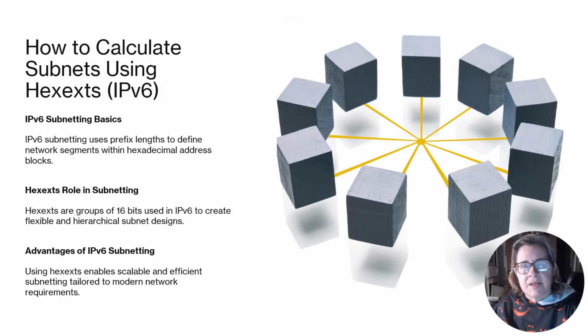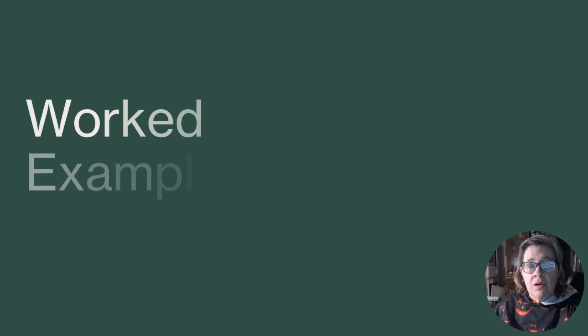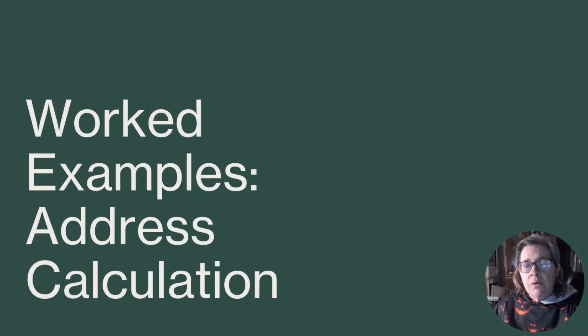Look, IPv6 is way better than IPv4, quite honestly. It's much superior. Practice with real-world examples of IPv4 and IPv6 subnet calculations helps solidify understanding of address segmentation and troubleshooting techniques.